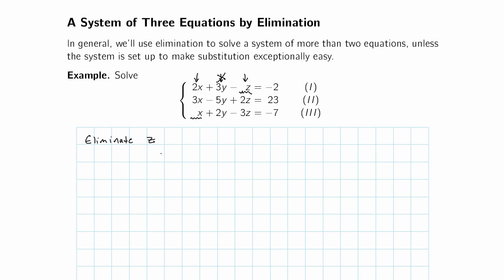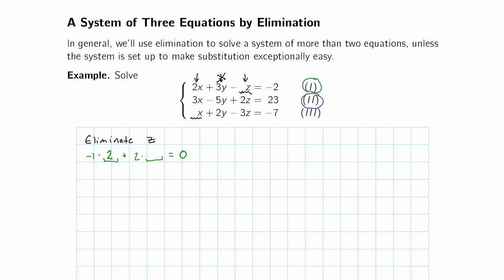Okay, so strategically, how am I going to do that? Well, equation 1 is going to be important to my plans here, because that has that -z term. And I'm going to start by combining equation 1 with equation 2. I have a -1z, I want to multiply that by something, and then I have a positive 2z, I potentially want to multiply that by something, and I want to get 0.